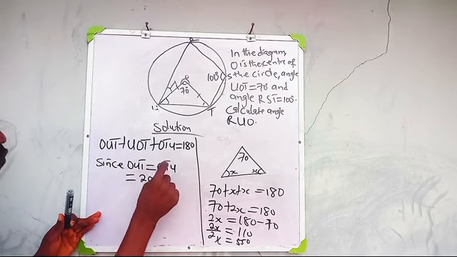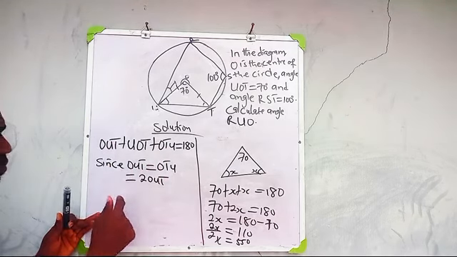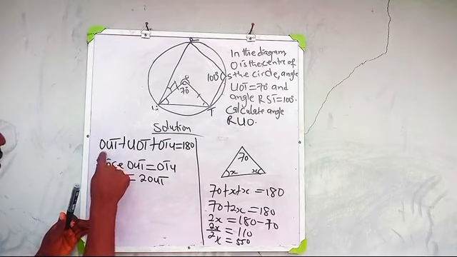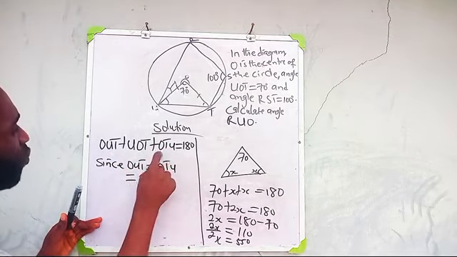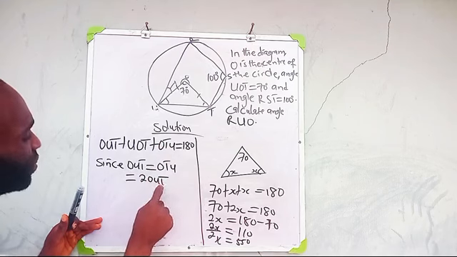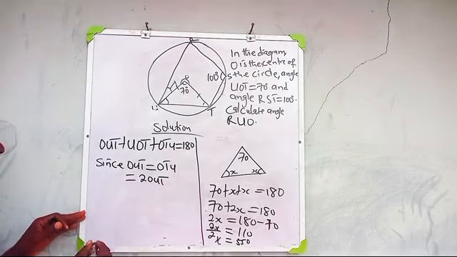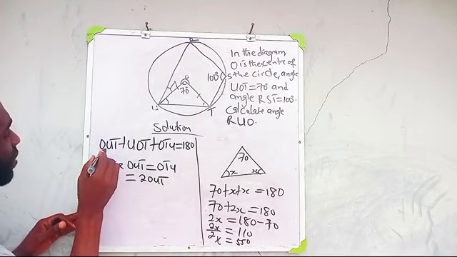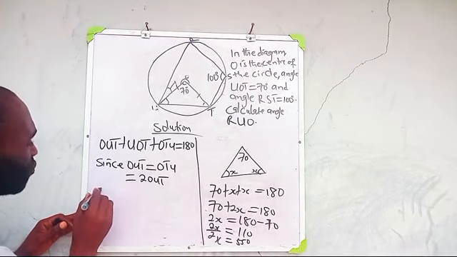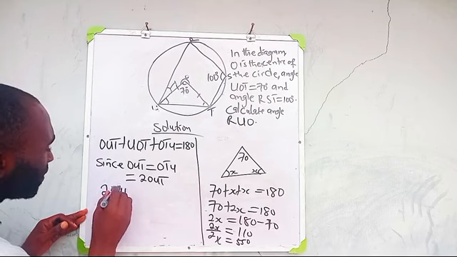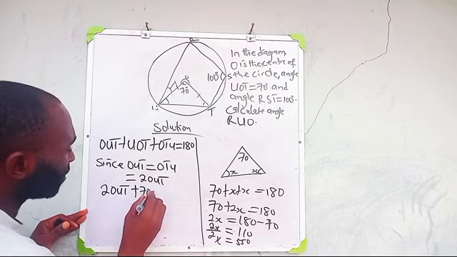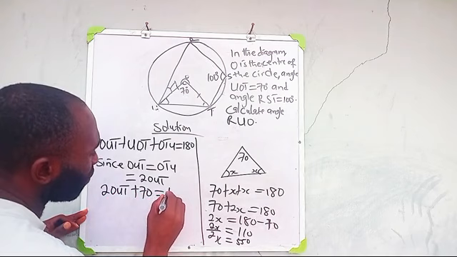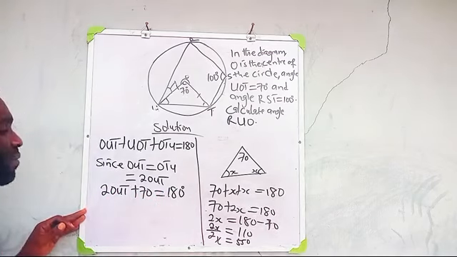Where you see OTU, you put OUT. So with that, we know that this is 70, so that will be 2 of OUT plus 70 is equal to 180 degrees.